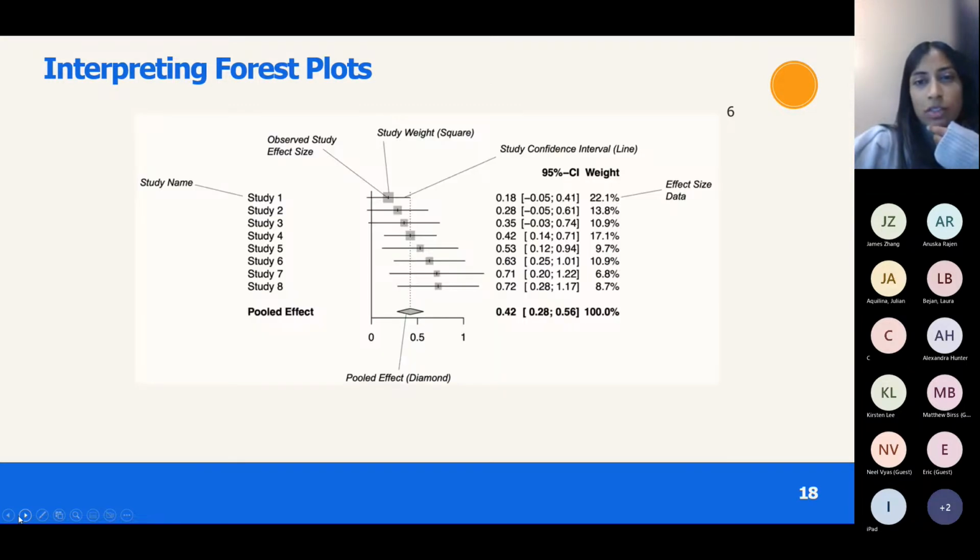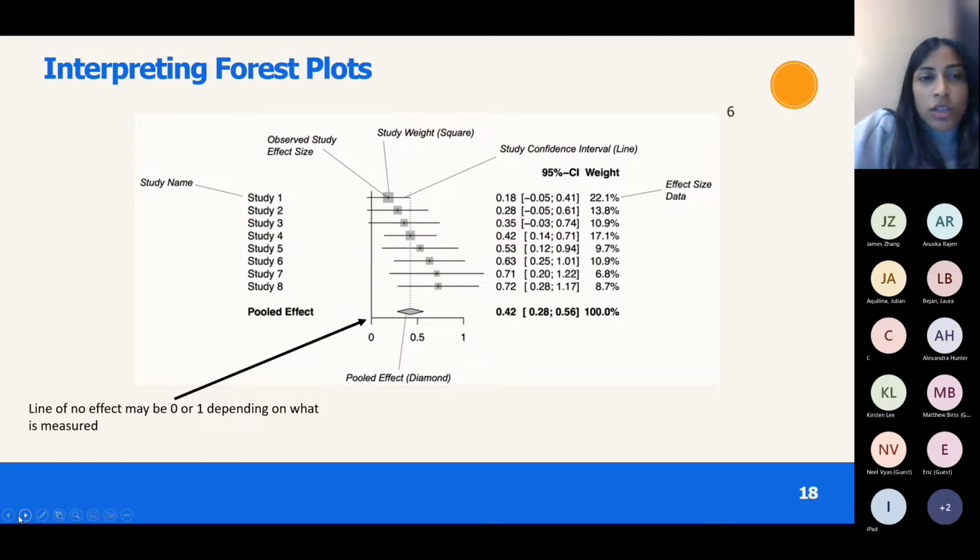Next thing we're going to talk about is forest plots. So a forest plot is used often in meta-analyses where you're looking at multiple studies to see if they answer a specific question. You have a line of no effect that's 0 or 1, and that really depends on what's measured.